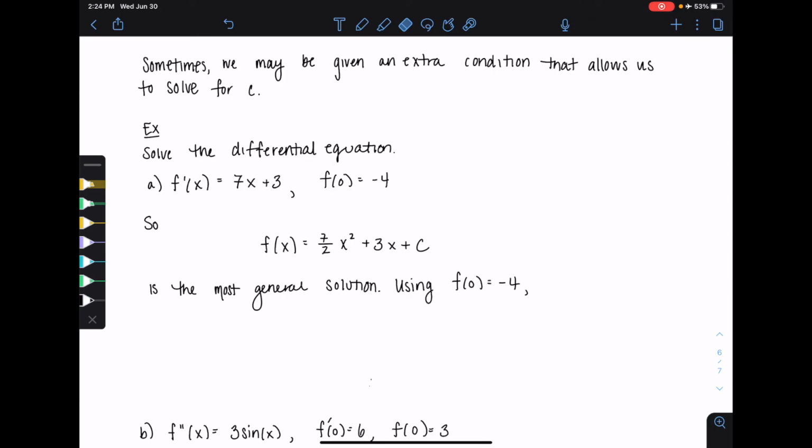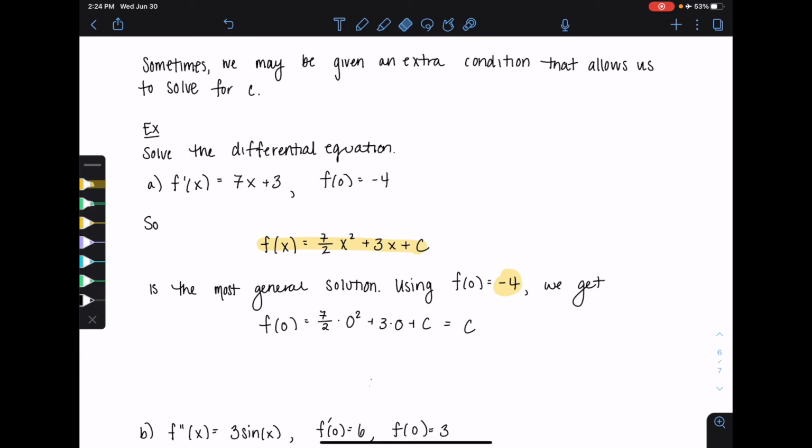Now, using that particular point they give us, we get the following. If I plug 0 into this expression, that would give me 7/2 times 0 squared plus 3 times 0 plus c. Well, this better have an output of -4.